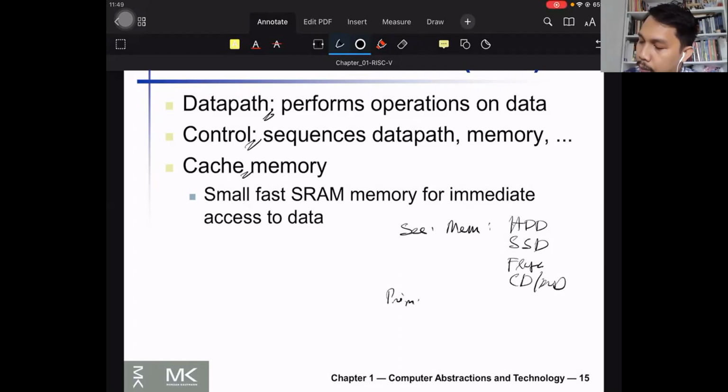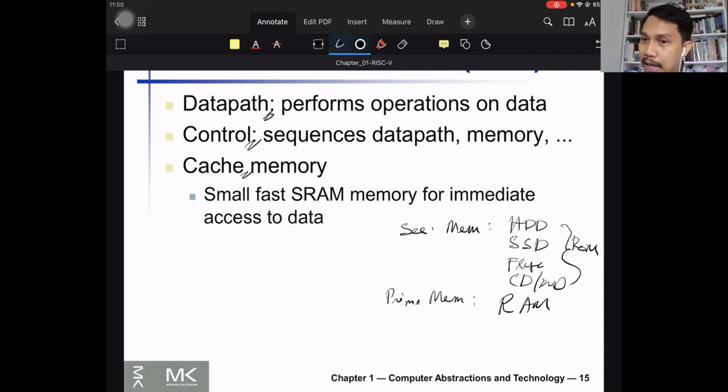Primary memory: what is primary memory? There is ROM, read-only memory. What is the primary memory of computers, in contrast to ROM? Start with letter R: RAM. So we have RAM and ROM.